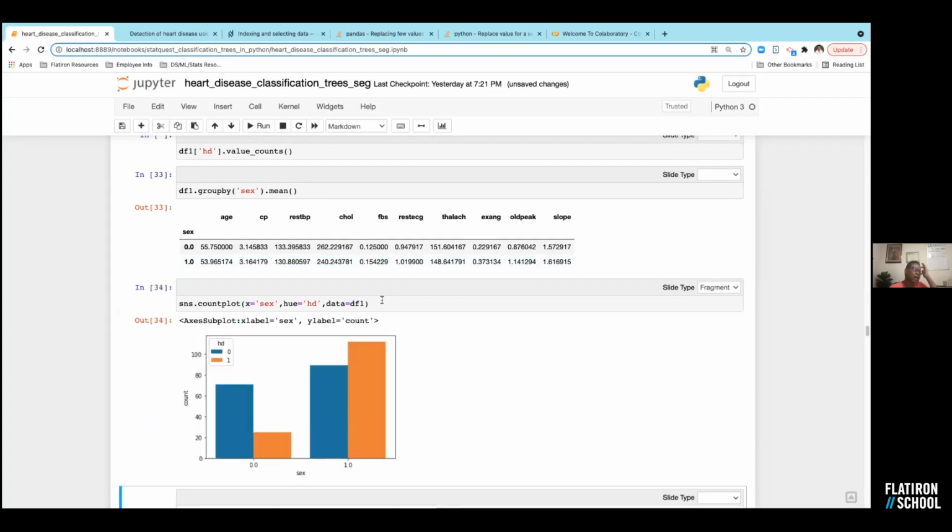But here we have a nice plot. Count plot is one of those really handy methods in sns, which is short for seaborn, that gives you really nice visualizations of your categorical variables, right?